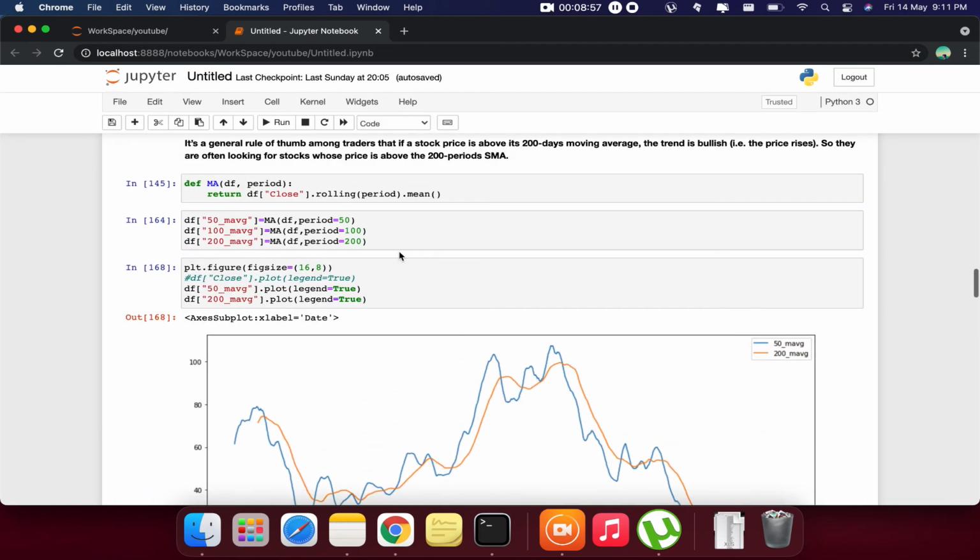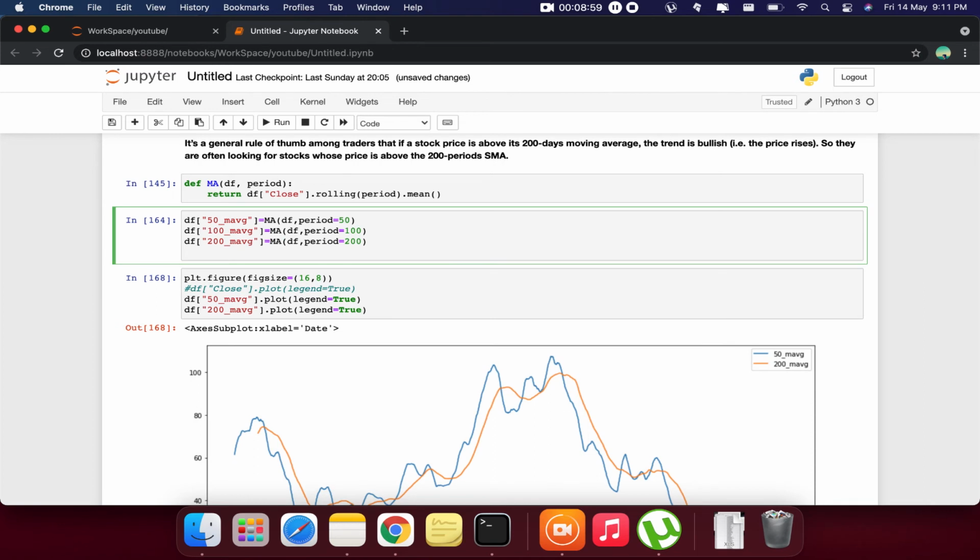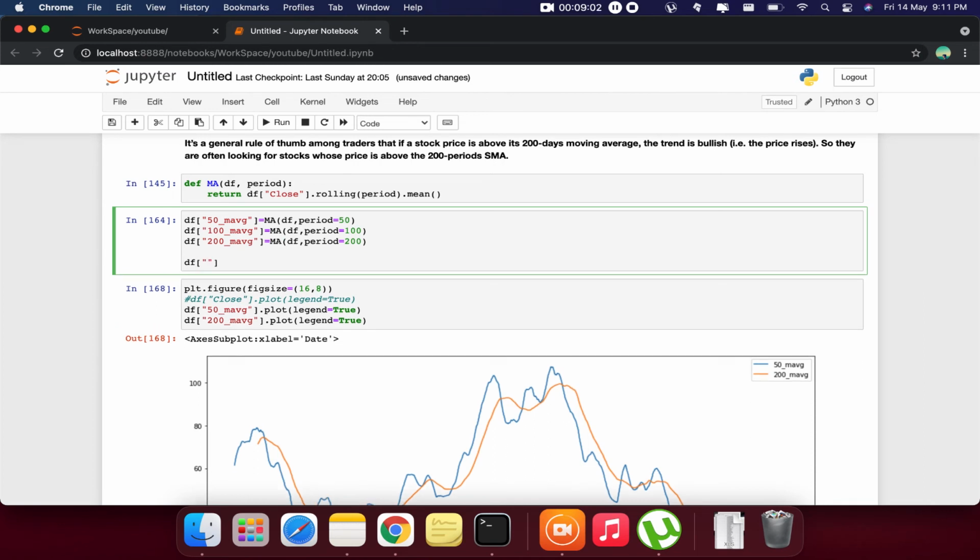And let us calculate and see if this strategy even makes any sense or not. So let's give df.signal, and here in give np.where, df of 50 moving average greater than 200 moving average, we'll give df.close.max or -1.